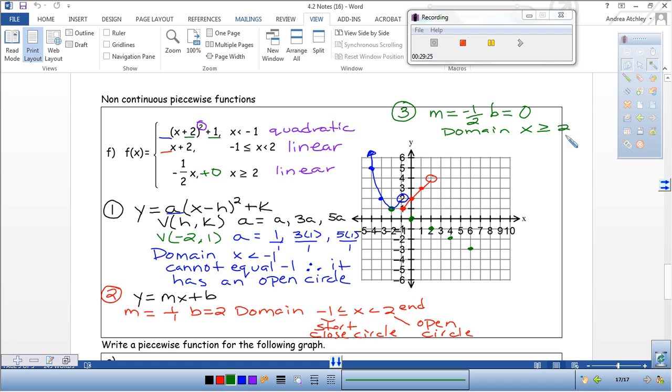So this is my starting point at 2. Okay, so I don't want in this point here. I want to start at 2 on the x. So here's my x. It needs to start right here. Can it equal the 2? Yeah, so this is a closed circle. So they can equal it.